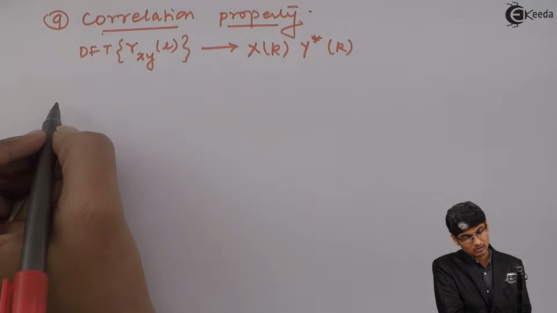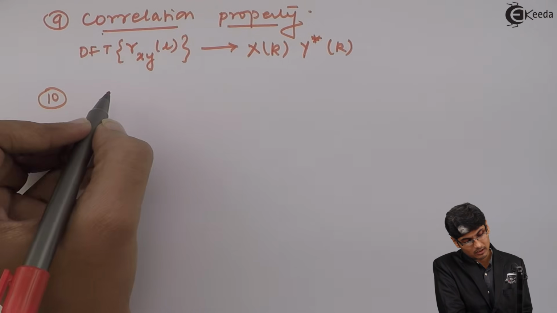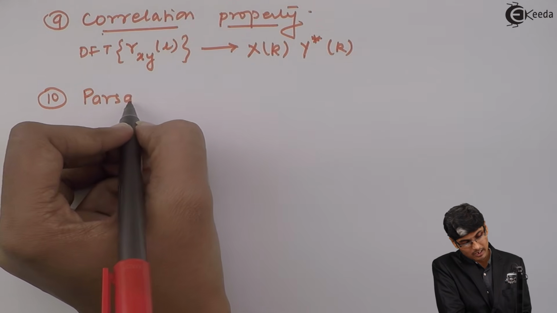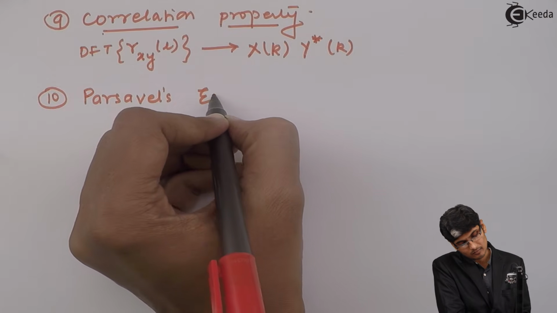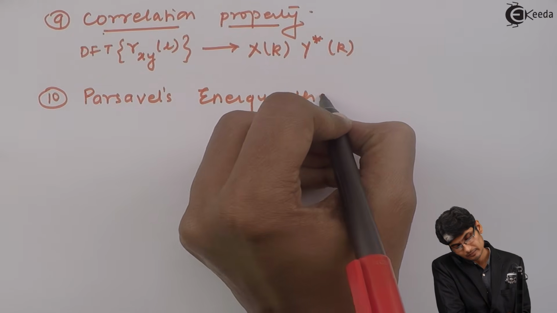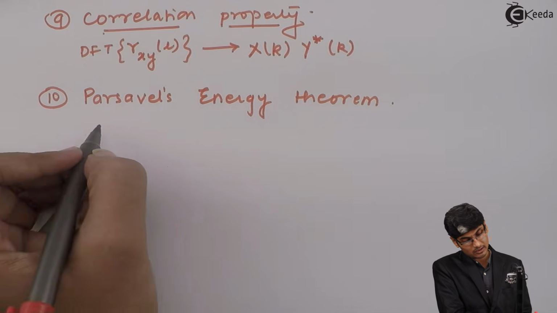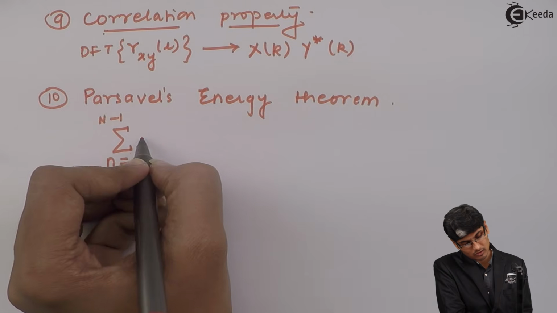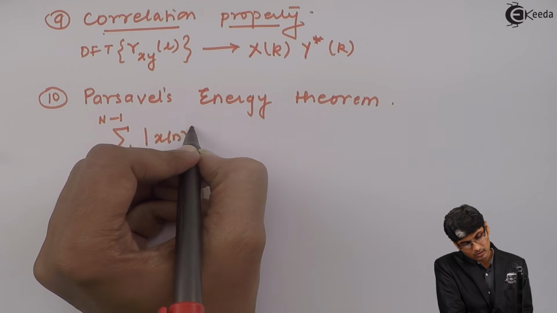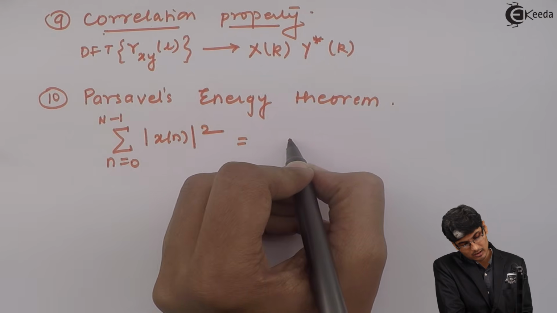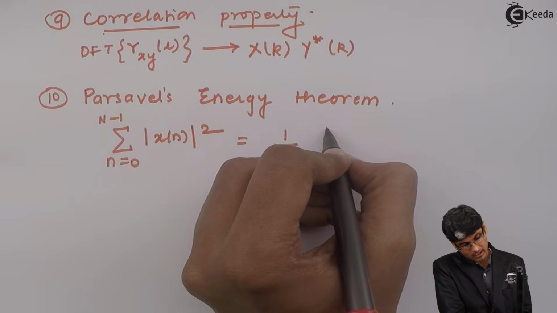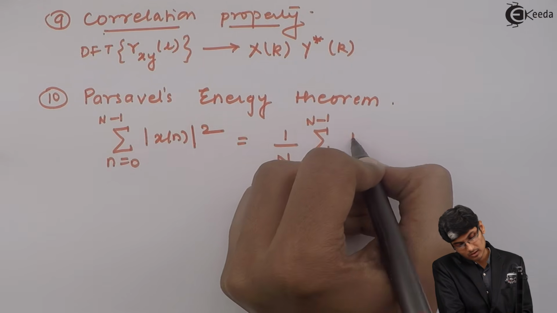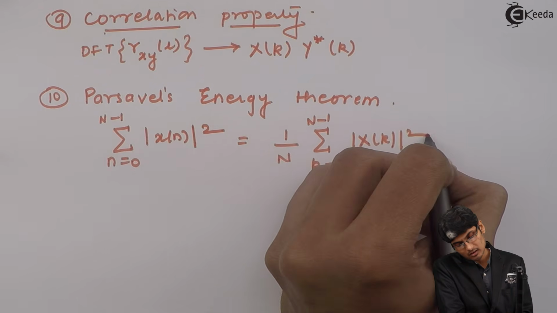And the last and final property is Parseval's energy theorem. Parseval's energy theorem says that the summation n equals 0 to N minus 1 of mod x of n squared equals 1 by N summation k equals 0 to N minus 1 of mod of X of k, the whole squared.